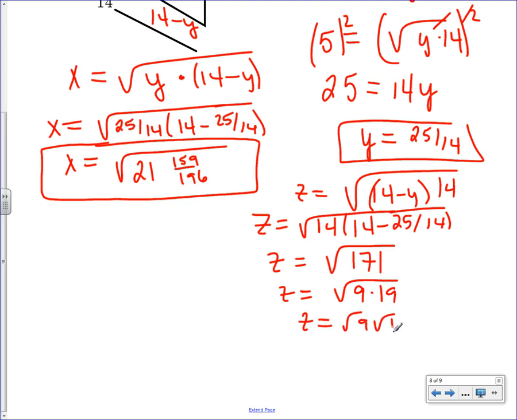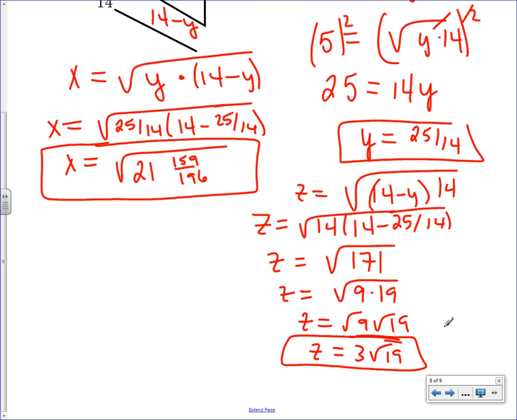What is the square root of 9? 3 root 19. 19 is a prime number, so you know you're done. Questions anywhere? The only reason that one was, in my opinion, tricky was just because they made it super not pretty numbers. But it's geometry now, so it's okay if they don't always work out nicely. Don't think you're wrong. Okay?